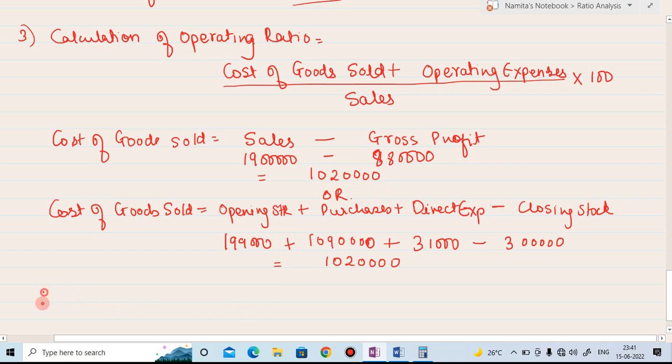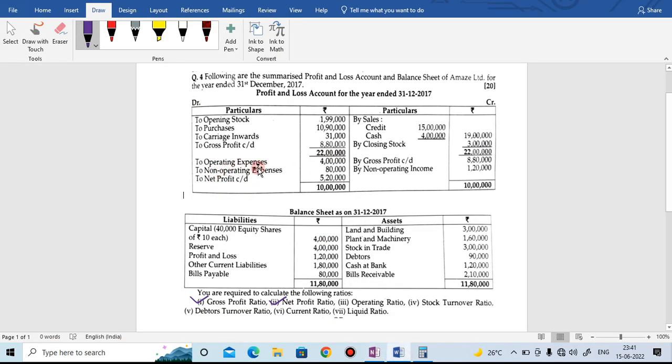Therefore operating ratio is equal to cost of goods sold, 10,20,000, plus operating expenses. Here operating expenses value is directly given.